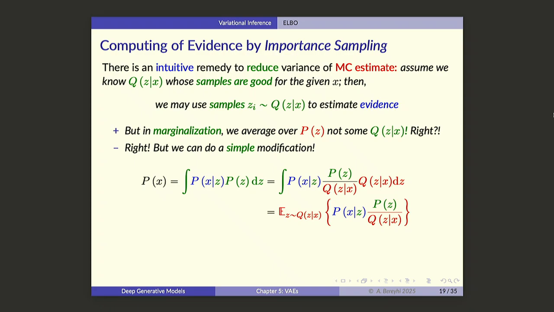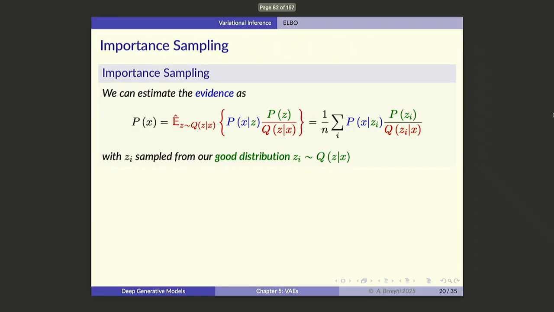So I can essentially write down my evidence as a new expectation, and that new expectation has this property that the samples given by the distribution of that expectation are better samples. So now I can simply use samples from Q to estimate evidence. This is what I wanted to do, so let me just write it down here.